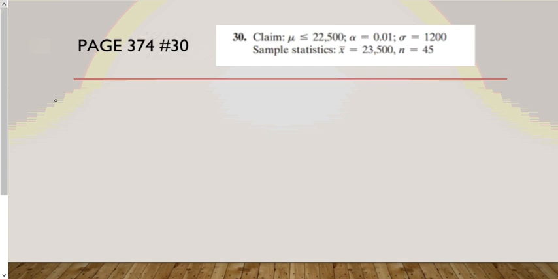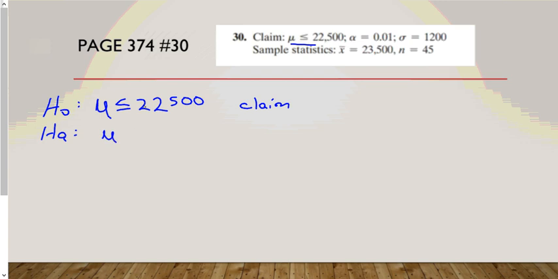So right away, see how this one has the equal to it, so we'll make that the null: the true mean is less than or equal to 22,500. And again, this is our claim. And then the alternative is that the true mean, that's not true, right? That the mean must be greater than 22,500.